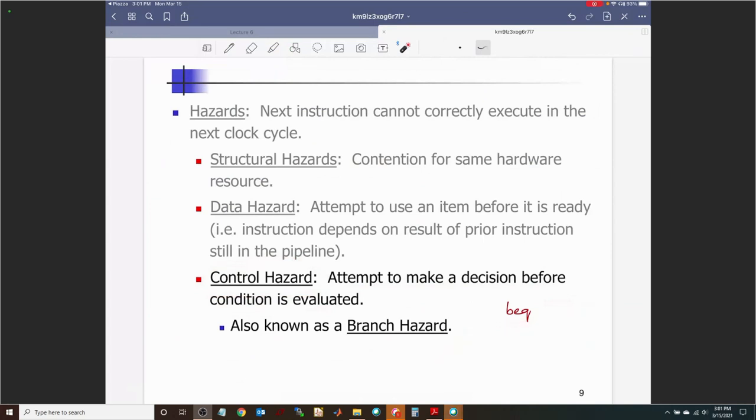But because you are using a pipeline, before you actually evaluated that, you would have already started working on the next instruction, right? So you don't even know whether that is going to be helpful later on or not. That kind of situation is what we are calling a control hazard, which is also known as the branch hazard. Before you evaluate the condition, you have made a decision. You have made a decision to work on the next instruction, which might be incorrect.